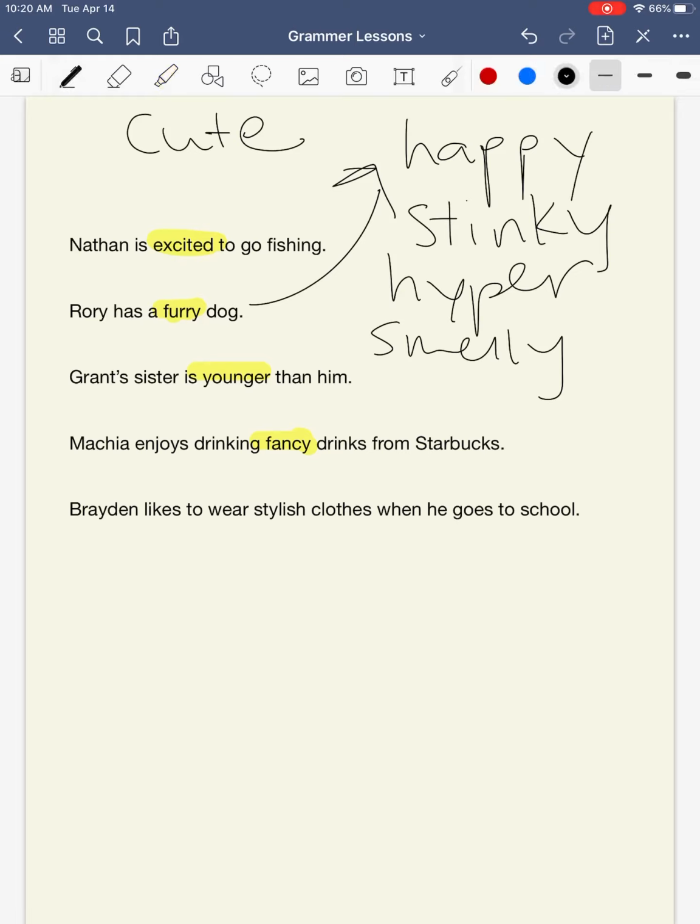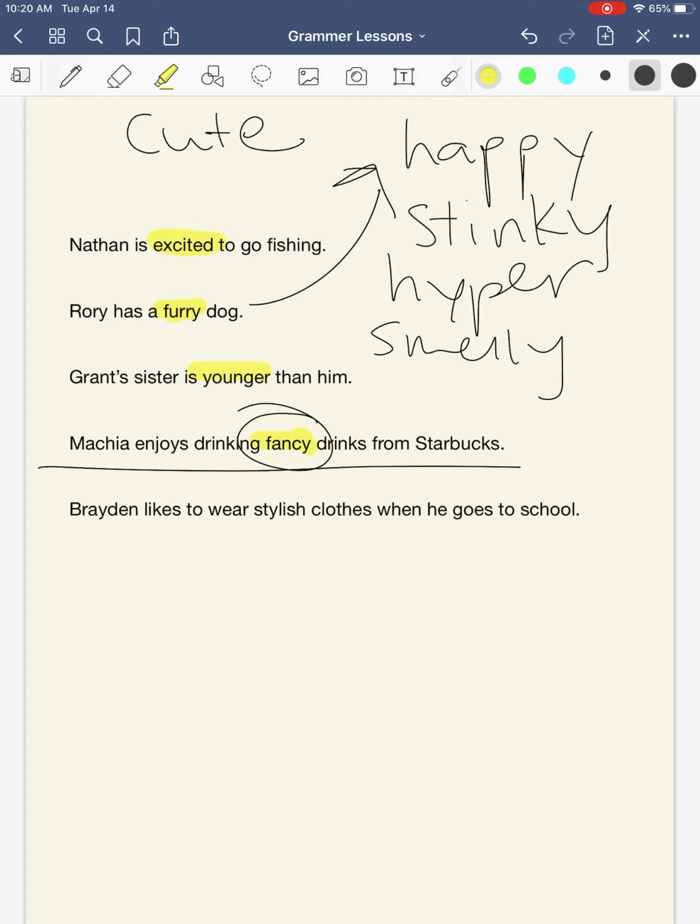When I was writing this sentence here about Micaiah, I was going to put frou-frou in there, but I guess frou-frou isn't a real word. But if it was, it could be used as an adjective. Okay, Brayden likes to wear stylish clothes when he goes to school. So my nouns are Brayden, clothes, and school.